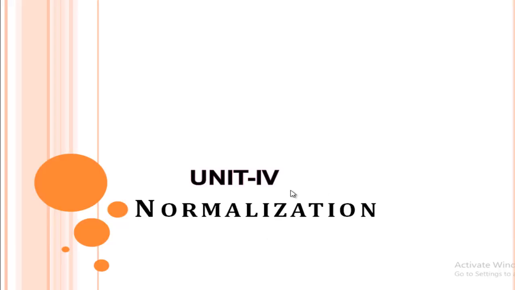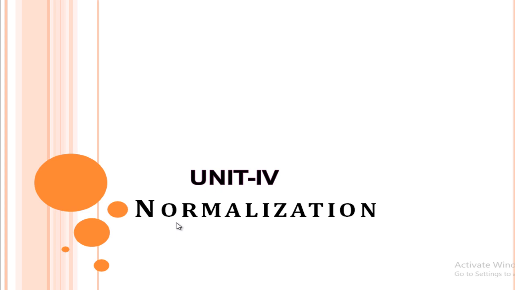Today we are going to see the new chapter, that is normalization. Okay, so in the last lecture we saw functional dependency and how we can implement it, how to remove redundancy in functional dependency, then how we can find the closure set and all.